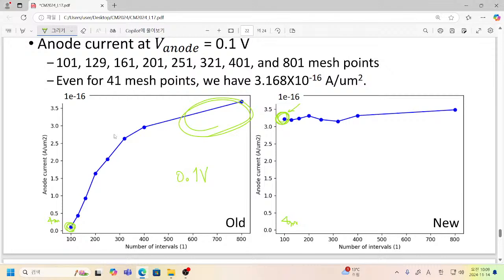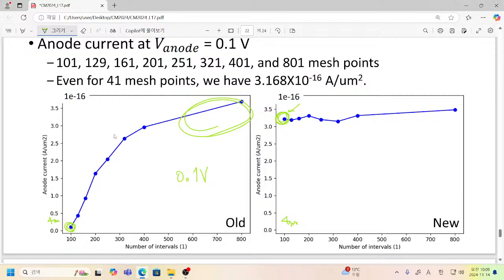Just by changing a little bit of our numerical discretization scheme, we have improved the quality of our solution drastically. How can that happen? What I wanted to say is this is really a rare case of our triumph.